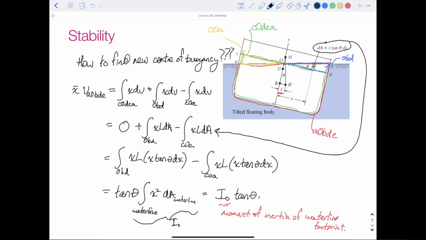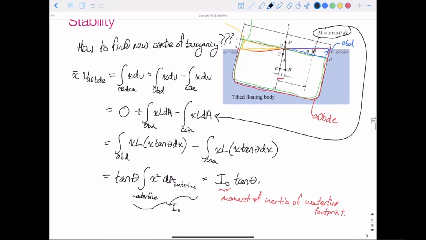So we would have to take the x dimension multiplied by each differential volume and integrate over the entire volume of the submerged section. And the volume of the submerged section is the volume of the original section, plus the volume of the new section over here that is in blue, that is newly underwater, minus the section of the volume that is now above the water.